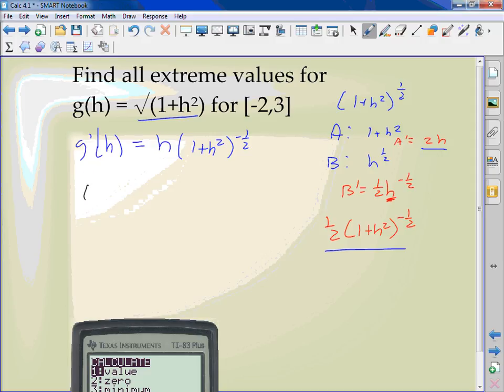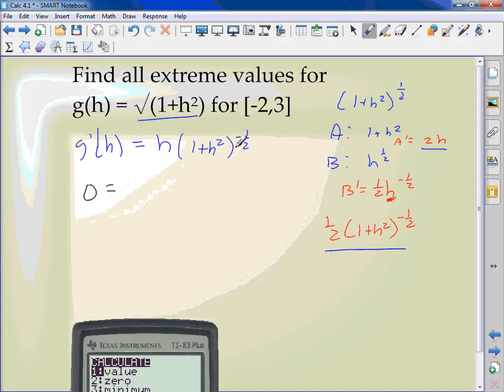I set it equal to 0, and I solve. Now, out front, 2 times 1/2 is 1, and remember you have to take the primes and multiply them.